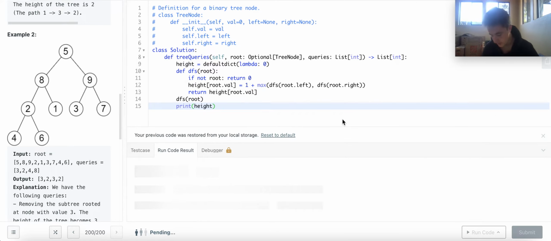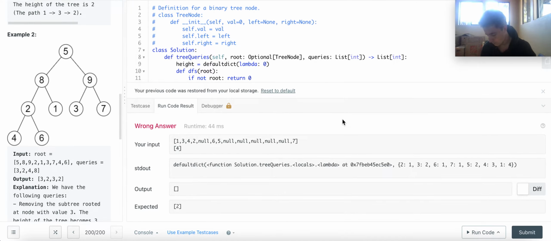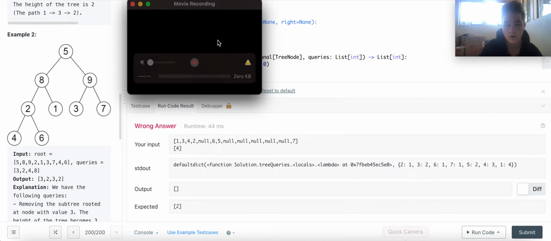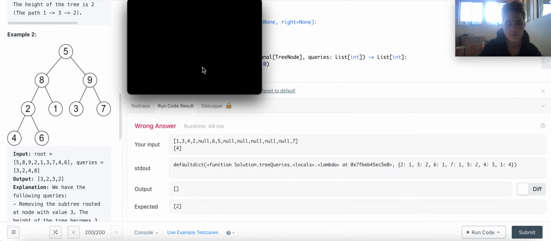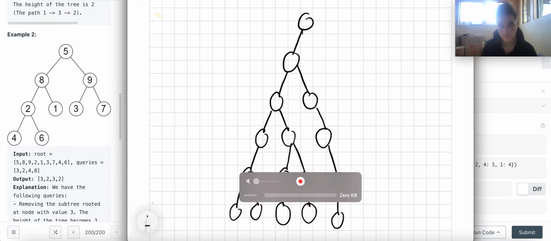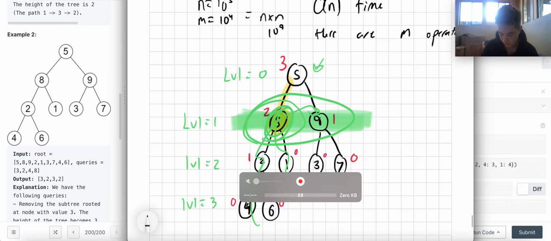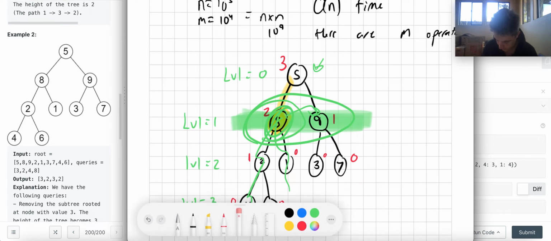So we should see this resulting tree in our system, right?